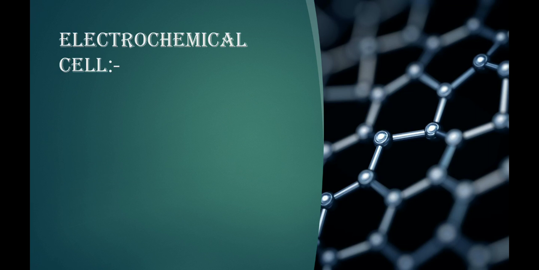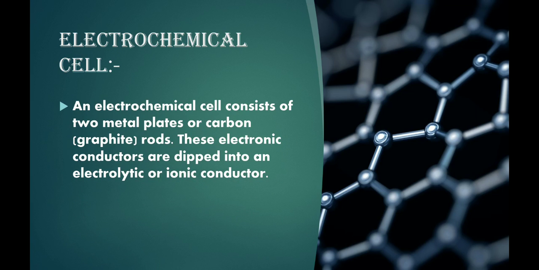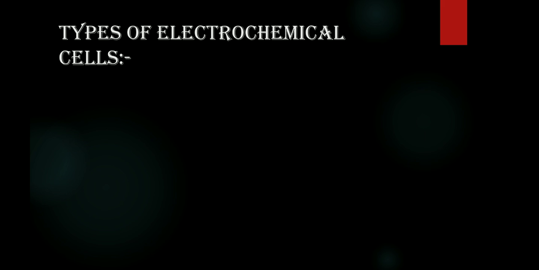Now, electrochemical cell. An electrochemical cell consists of two metal plates or carbon rods. These electronic conductors are dipped in an electrolyte or ionic conductor. So we consider here the types of electrochemical cells.